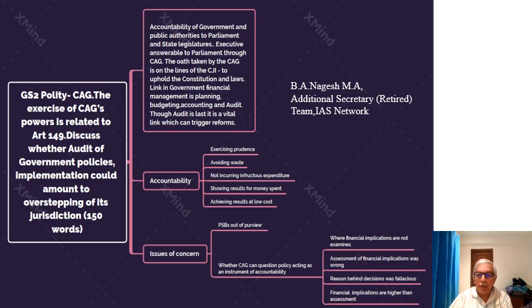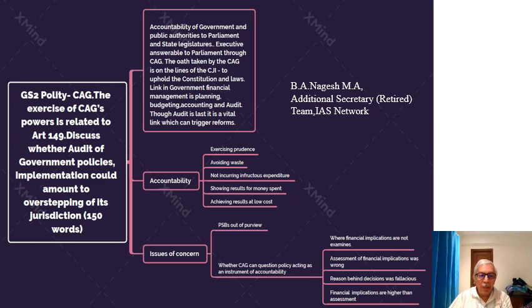Though audit can trigger reform and suggest reforms, you see how many recommendations of the CAG are implemented. Most of them are in cold storage, and most of them demand a lot of political decision to implement.